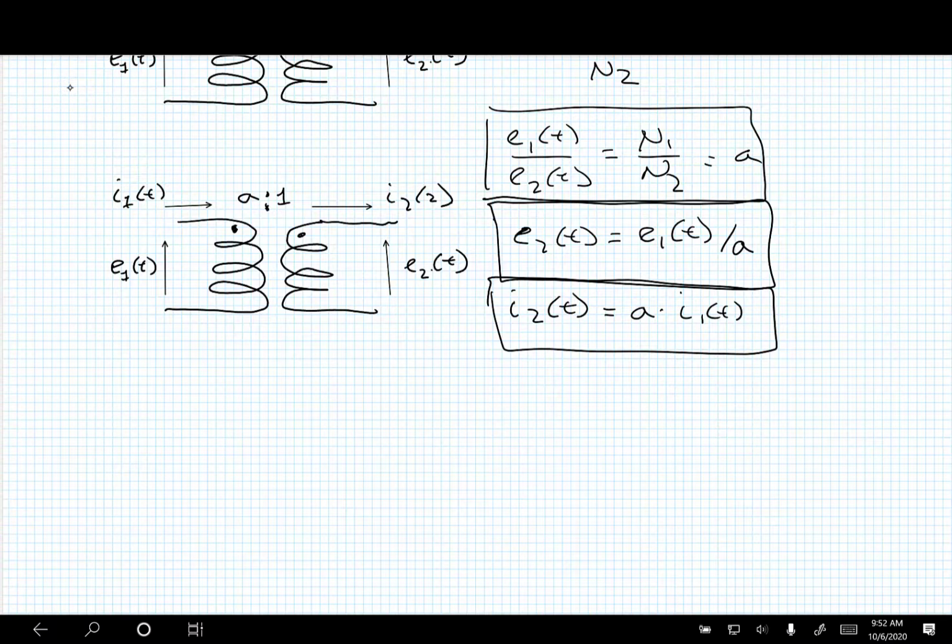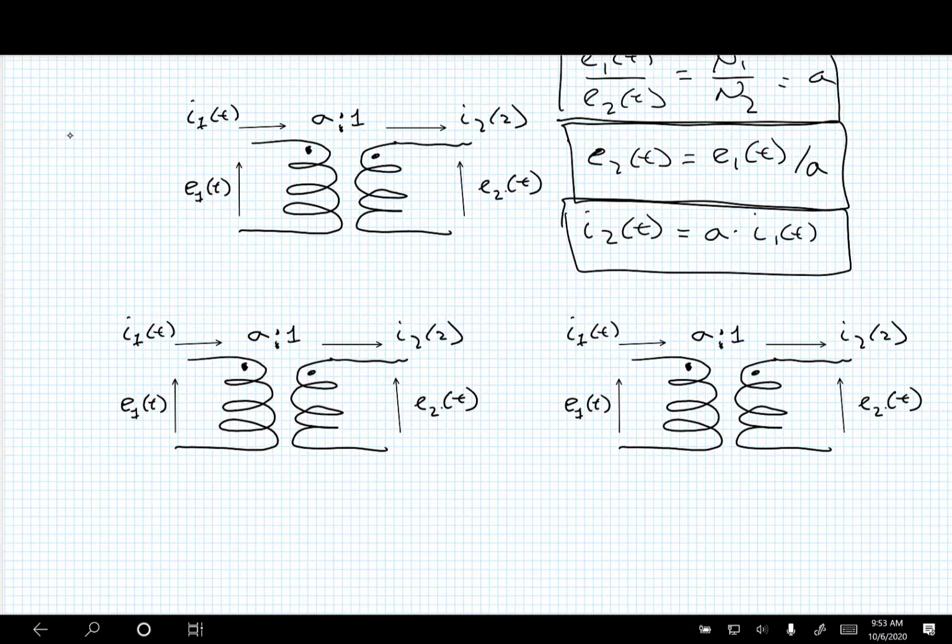I'm going to show you something here, and we're going to talk more about this. So here's where we're heading. I might put a voltage on the primary side of the transformer, and I might have a load on the secondary side.